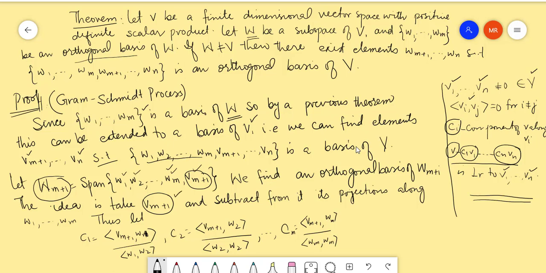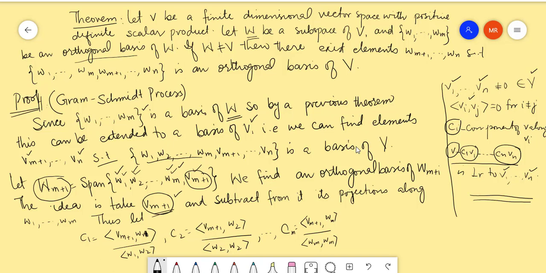Hence, here we take vm+1 and we subtract the projection onto w1, w2 up to wm from vm+1, and hence the new vector obtained will be perpendicular to w1, w2, and wm.